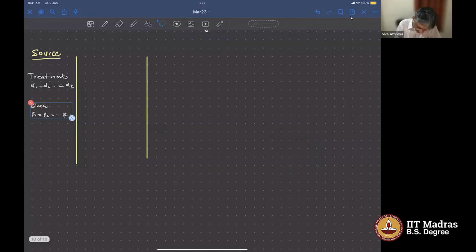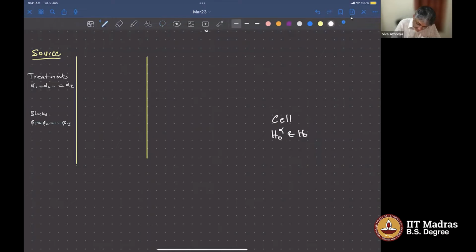In the block row, the second row, and then here you'll have the cell. Each cell is different, right? So you have to do the cell. So you combine both: you combine H naught alpha and H naught beta. Combine both, so that's like the cell one. And then the last one is the error, like we had before. That's the residual.